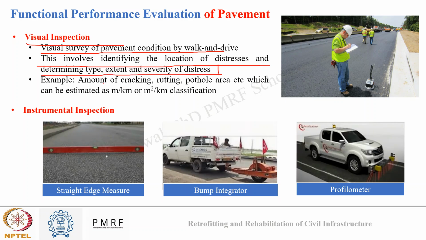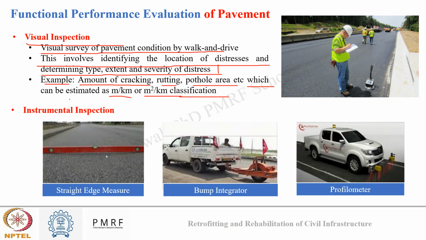How can we do this? For example, the amount of cracking, rutting, and pothole area can be determined in terms of meter per square meter and meter per kilometer and meter square per kilometer classification. And based on this, we can comment on how severe the damage is in the pavement and what are the different locations where the pavement has some distress.